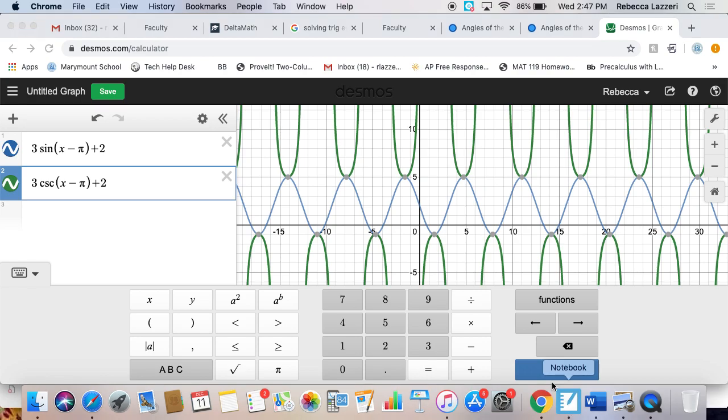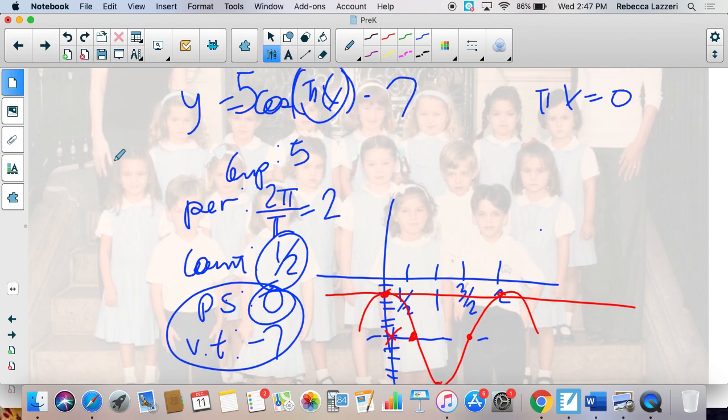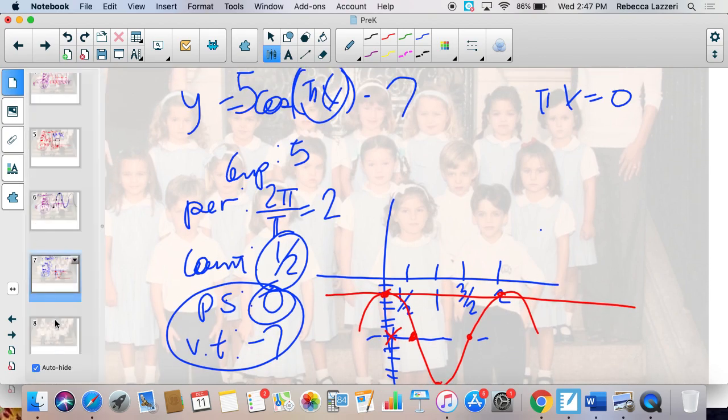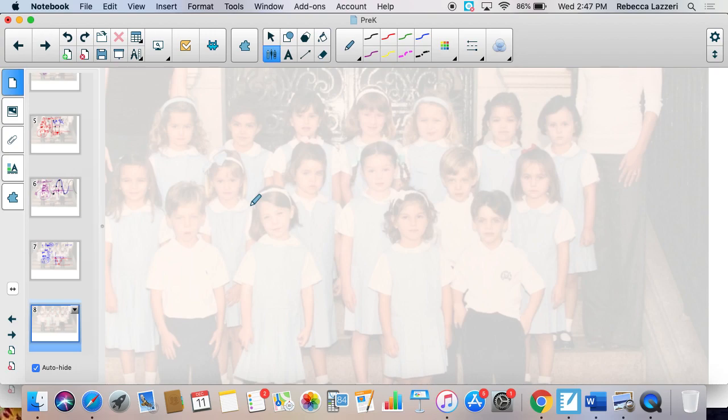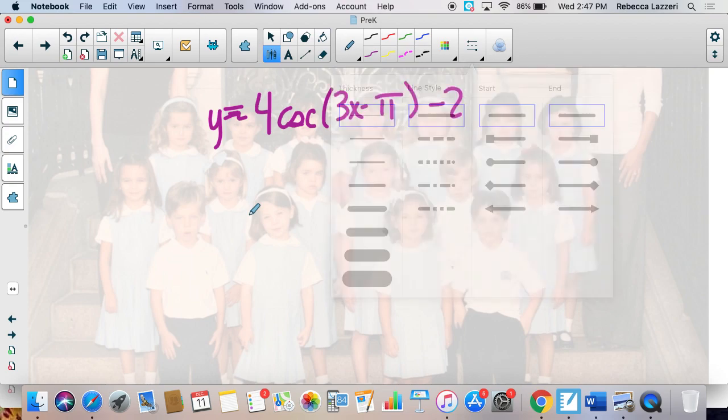So what's happening is this. When on your homework, you've got to graph, let's say if I ask you to graph y equals 4 cosecant 3x minus pi minus 2, okay?